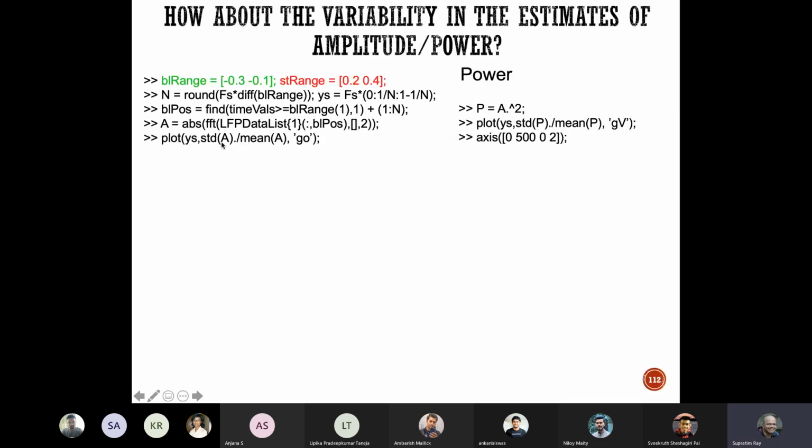That's the command here. Just take a moment to understand this. This is not very straightforward. I am estimating how much variability there is in the amplitude across trials, and I am normalizing it by the mean across trials.